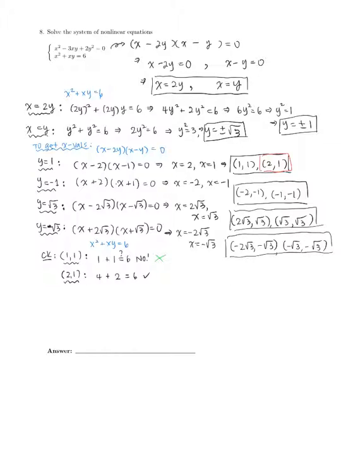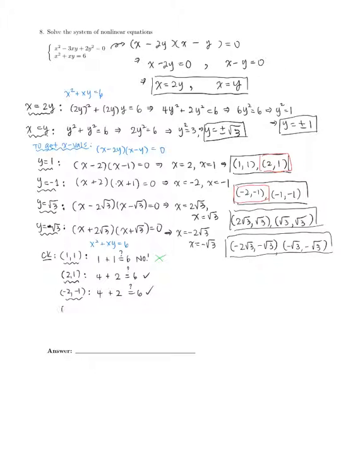And let's go with negative 2, negative 1. Again we're going to have 4 plus 2 equals 6. Yes. So negative 2 comma negative 1, we're going to keep that one.